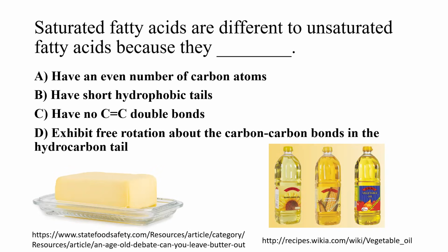If you put in a double bond, and more importantly a cis double bond, since biological double bonds in these unsaturated fatty acids are in the cis conformation, it causes a kink in the tail and creates an angle. So this one lipid with an unsaturation can't pack very closely with neighboring lipids, so it has more space in between.